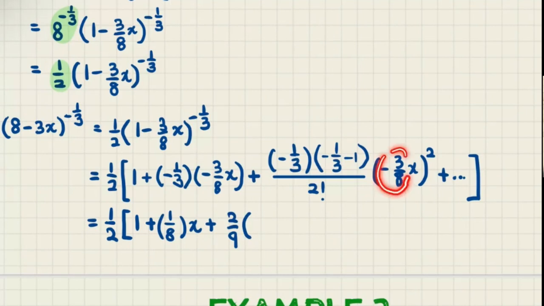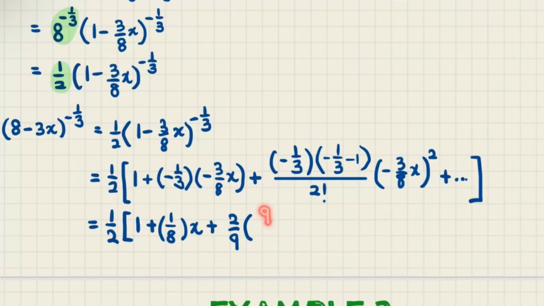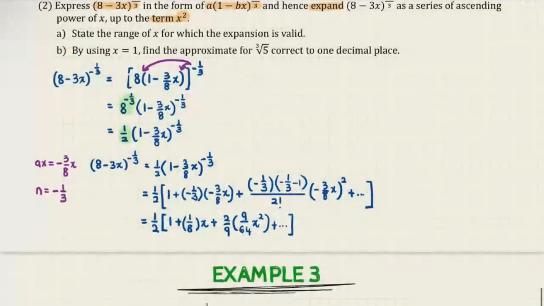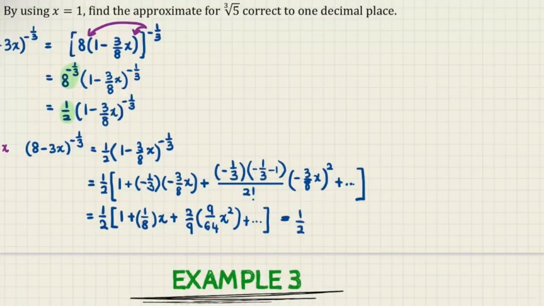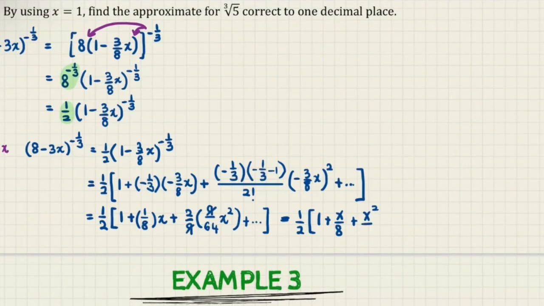Dan negatif 3/8 squared adalah 9/64. X squared plus dot dot dot. Okay. So tak cukup ruang lah. Saya tulis kat sebelah dia terus. So now it will be 1/2 1 plus x over 8 plus, okay, ini akan jadi x squared over 32 plus dot dot dot. Okay.